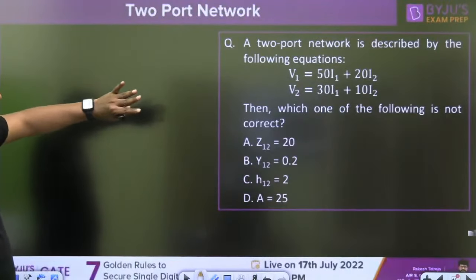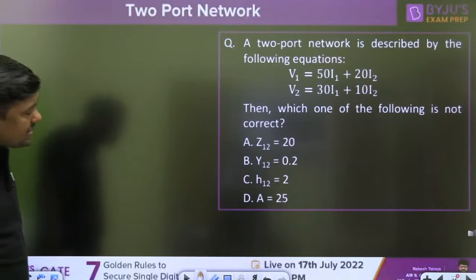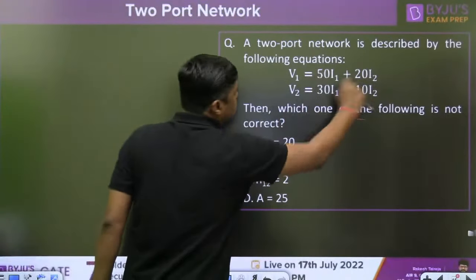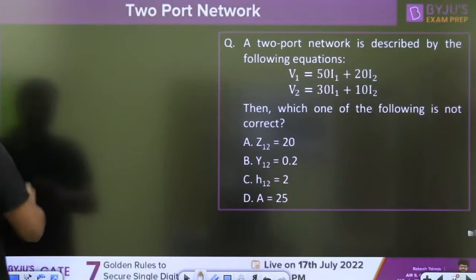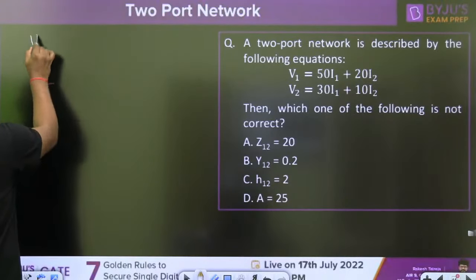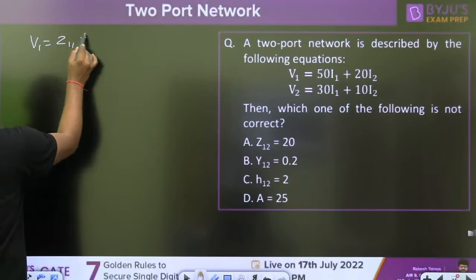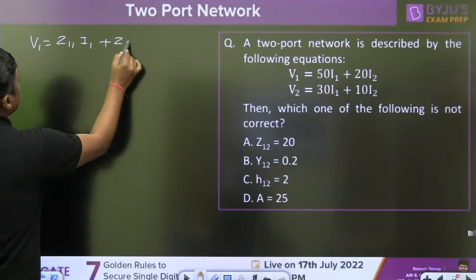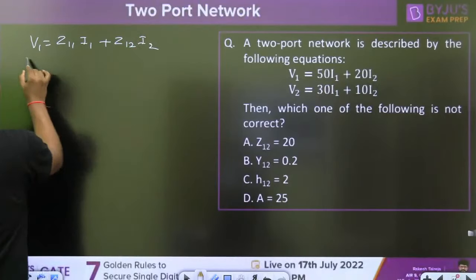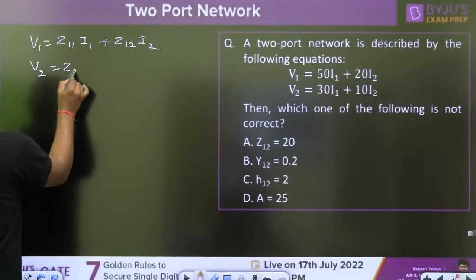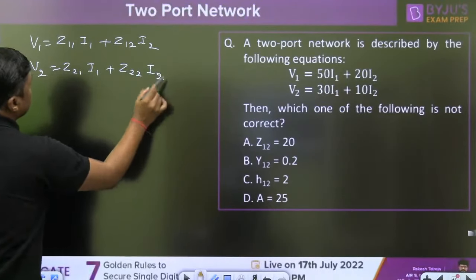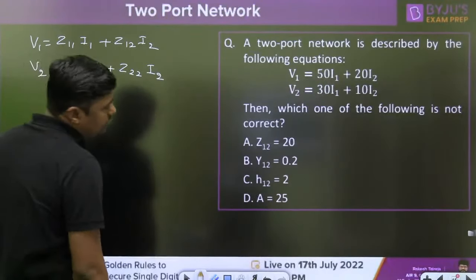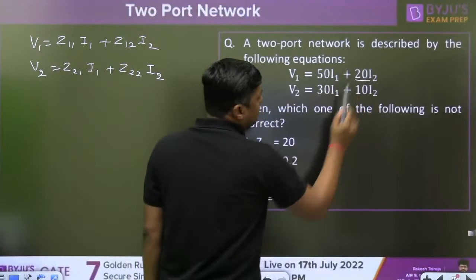The two-port network is described by the following equations, meaning the Z parameter is given here. What is the Z parameter? V1 is equal to Z11 I1 plus Z12 I2, and V2 is equal to Z21 I1 plus Z22 I2. So directly you can give Z12. What is the Z12?